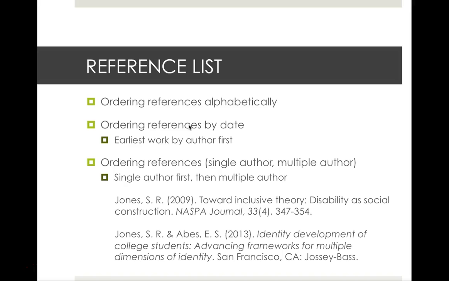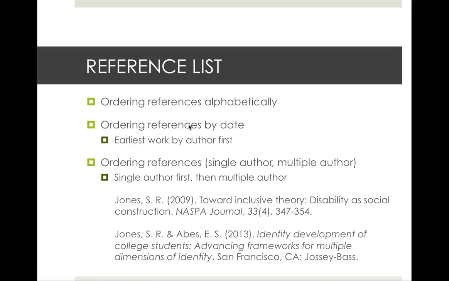It's also important to keep in mind that sometimes you might be utilizing sources by the same author where there'll be a single author on a journal article or a book, and maybe be a contributing author with multiple other people. In this case, you want to make sure that you list all of the author's single-authored pieces first, and then list any pieces where they are multiple author.